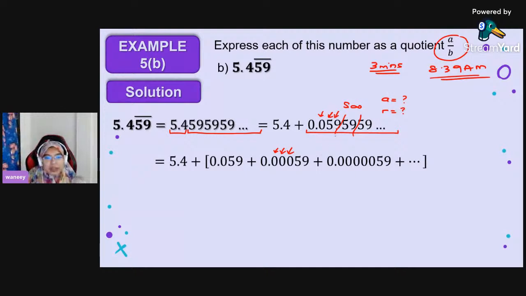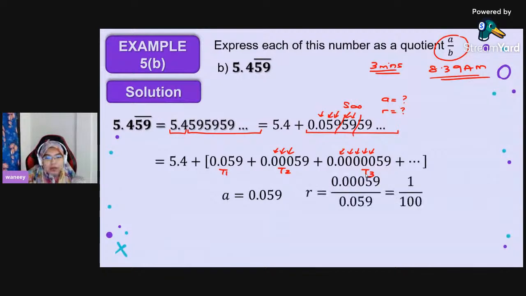And then the third term, you are supposed to get 1, 2, 3, 4, 5, so 5 places, and then 59. Now based on this sequence, the value for the first term is 0.059. So this is the first term, second term, third term. So the value of A is 0.059. The value for R is 1 over 100.